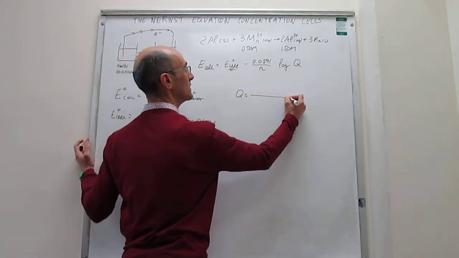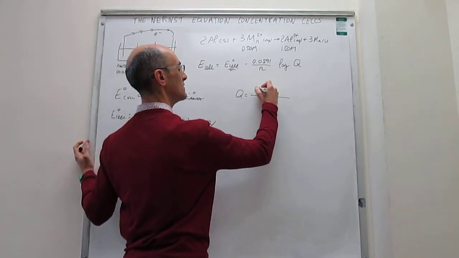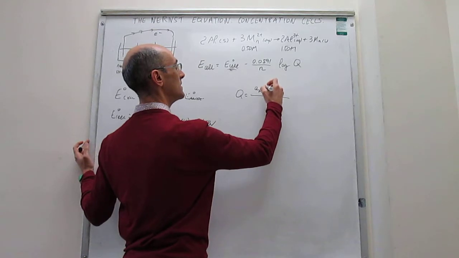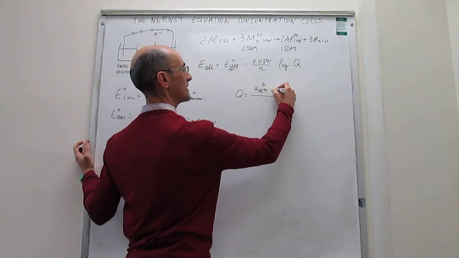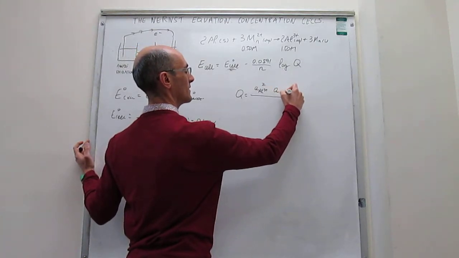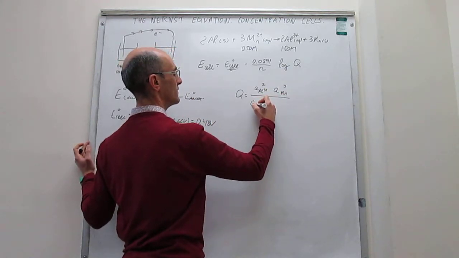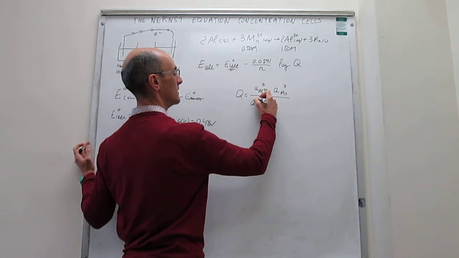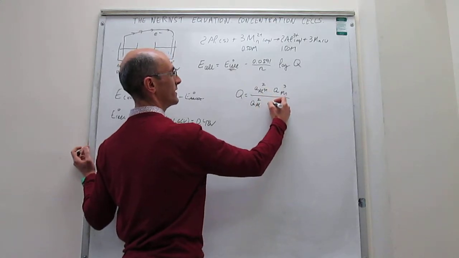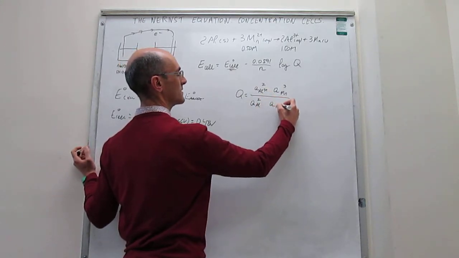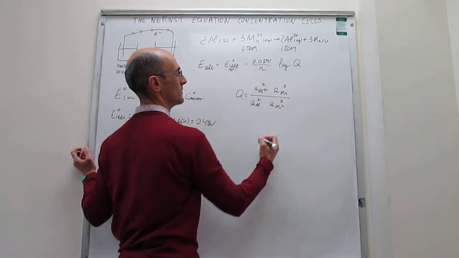So this is going to be equal to the activity of aluminum 3 plus squared times the activity of solid manganese cubed over the activity of aluminum solid squared, and then the activity of your manganese 2 plus ions cubed.